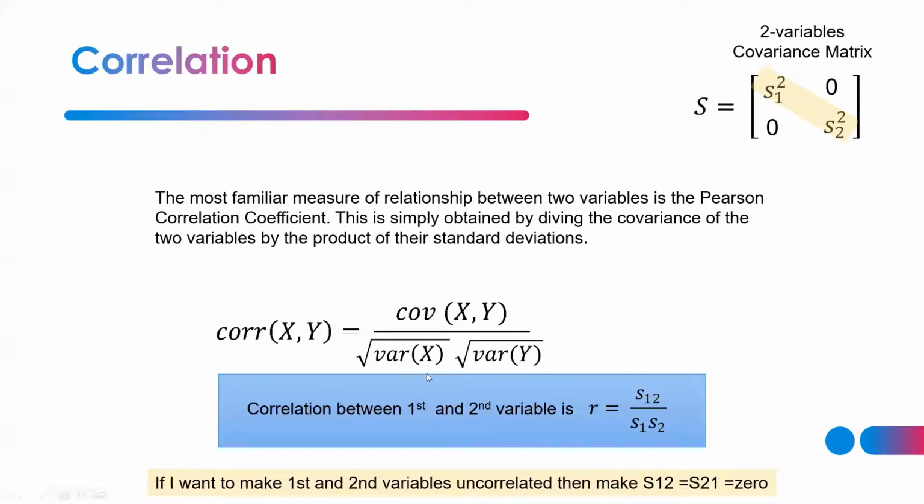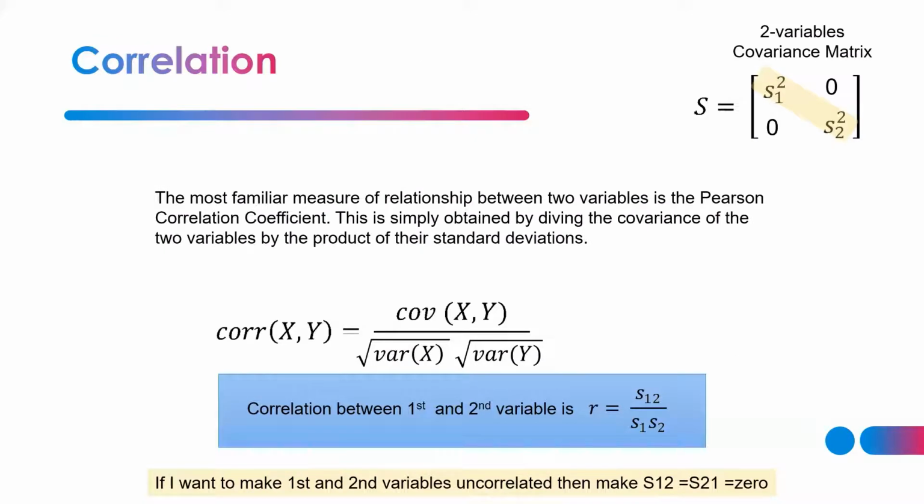And it says, I know that this is the definition of the correlation. I can't touch these two components, the square root of the variance, so you can't touch the diagonal. Why? Because if you make either one of them 0, division by 0 will give you infinity. So what we do is look at the off-diagonal value, which is S1 sub 2 in this case, because we only have two variables, and we try to eliminate it and make it 0. And that's the idea of PCA, eliminating the off-diagonal values.